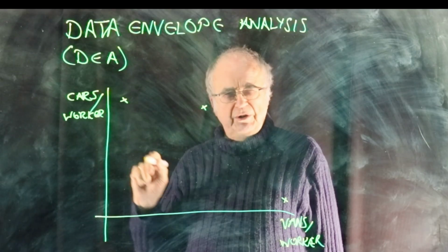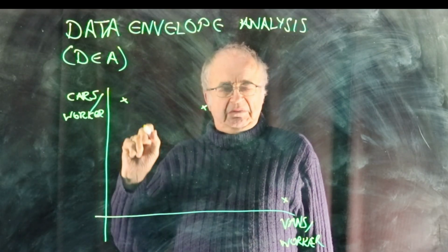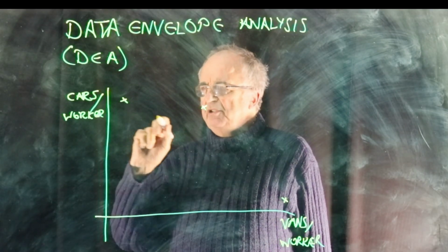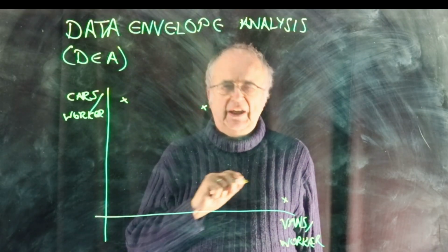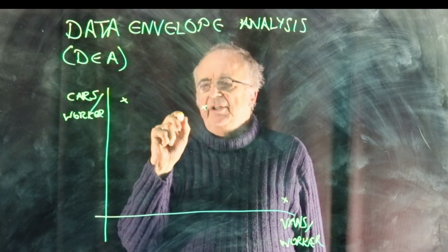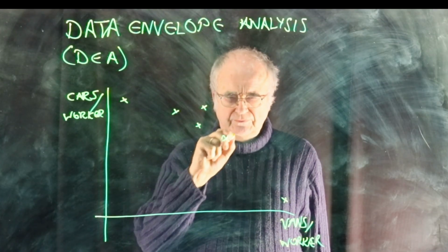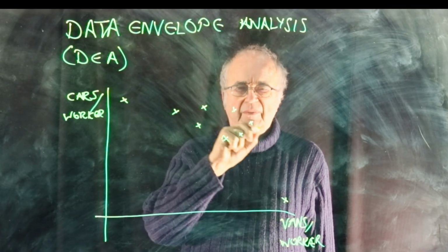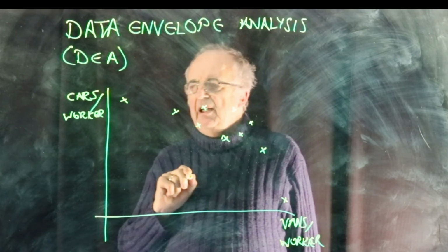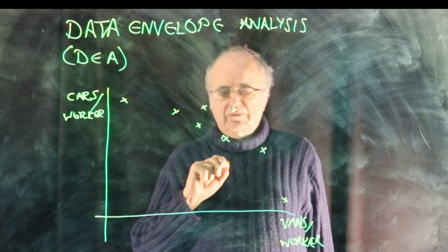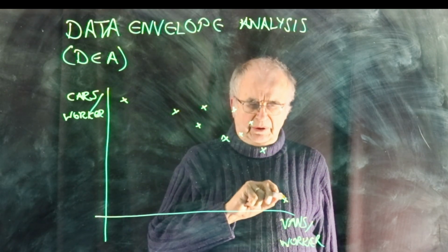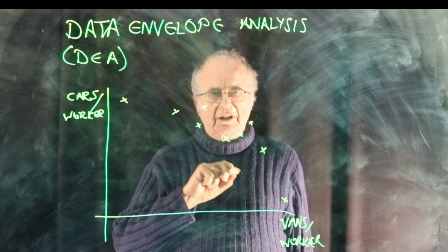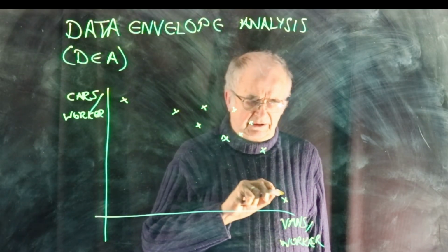And we might be wanting to compare dozens of factories that produce a different mixture of cars and vans. And we'll plot them all on the graph. And what we're looking for is the envelope that encloses the most successful ones.